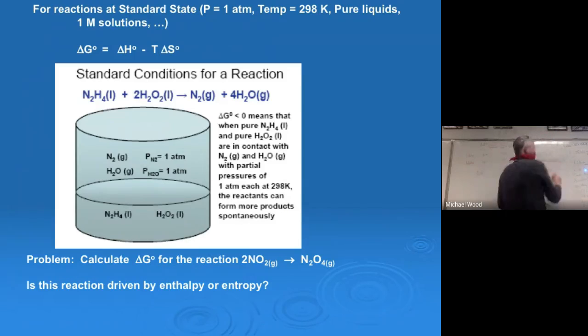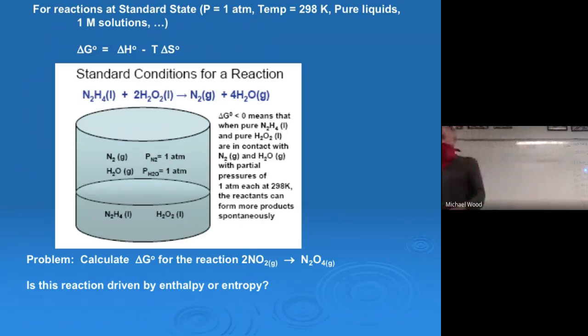Okay, so I'm going to do what I was just doing. On the formula sheet, I'm going to find delta H by doing the sum of the delta H of the products minus the sum of the delta H of the reactants. And again, that's why we need these table values.